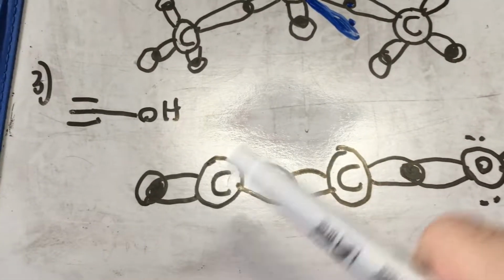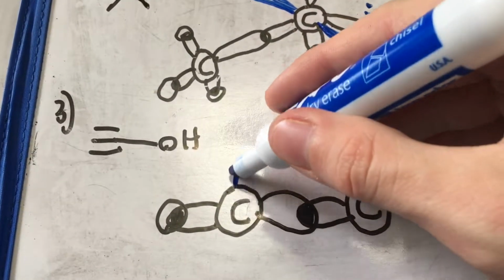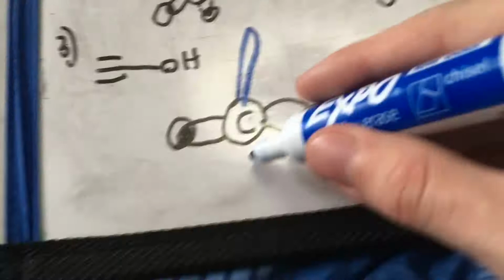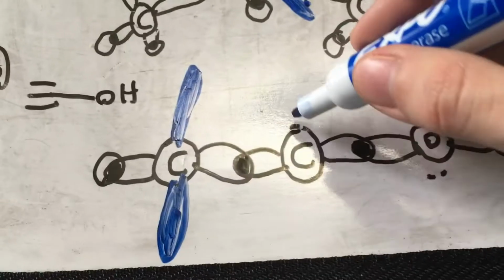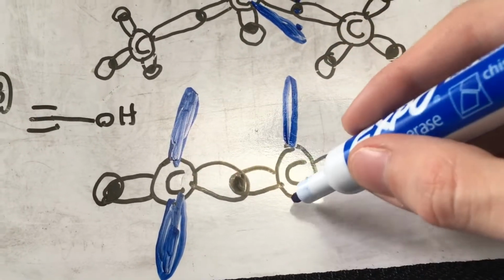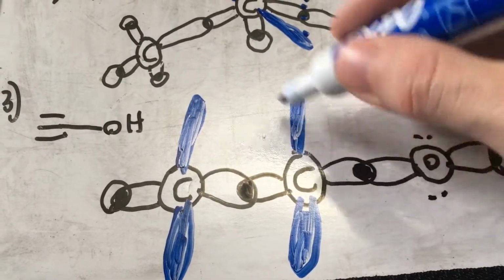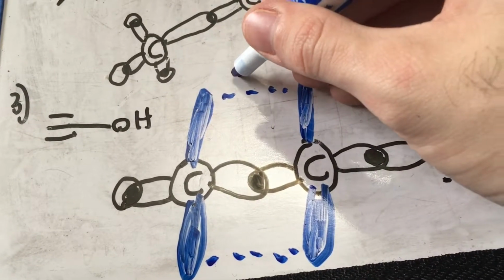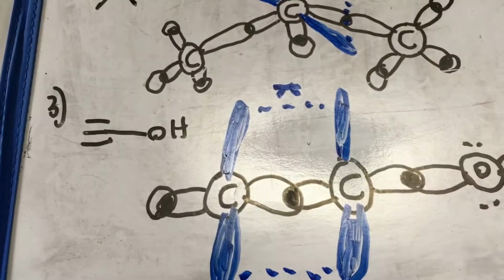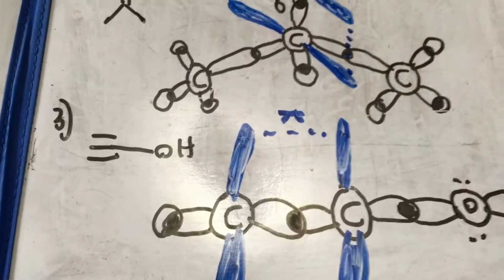But here we want to add p orbitals. Make them parallel. If we do them any other way, then they wouldn't bond. Here we indicate pi. But this here is a triple bond, so we want to add another one.